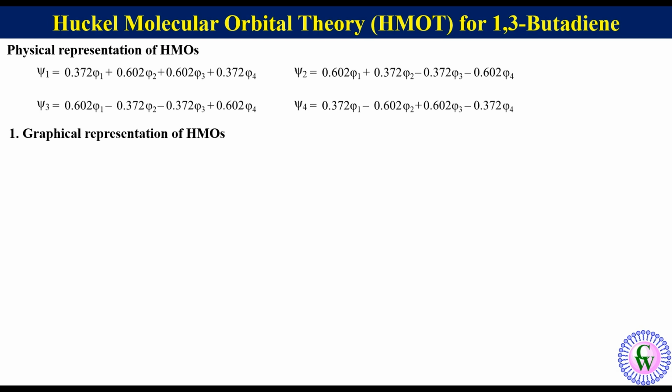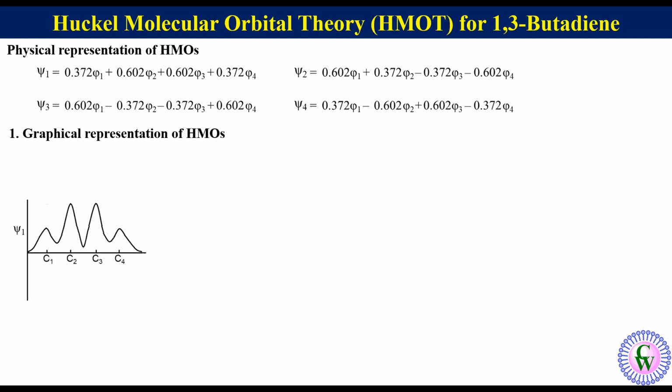These are the graphs obtained by plotting psi with respect to the distance as we move along the axis containing C1, C2, C3 and C4 carbon atoms.